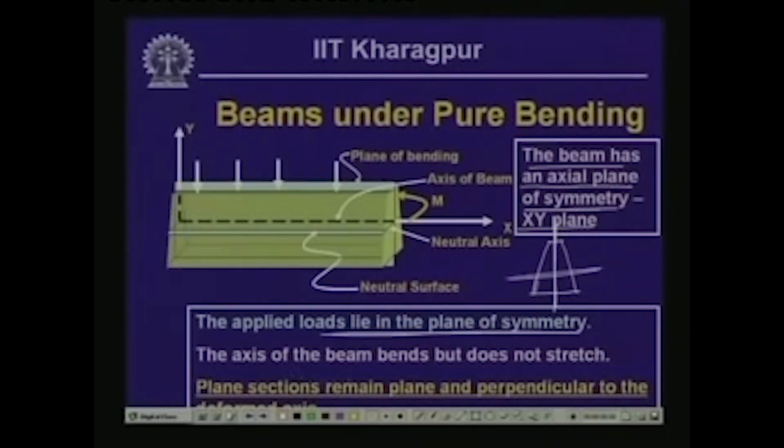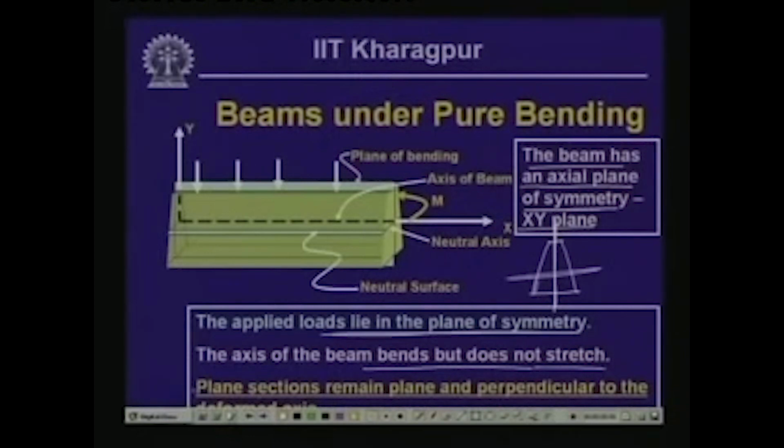Also, it is assumed that the axis of the beam bends, but it does not stretch, which we have seen last time while deriving the flexural equation. Because of the load which lies in the plane of symmetry, the axis of the beam undergoes bending, but it does not stretch. And the most important assumption is that plane sections remain plane and perpendicular to the deformed axis of the beam.